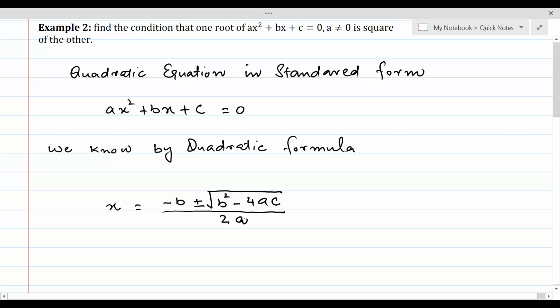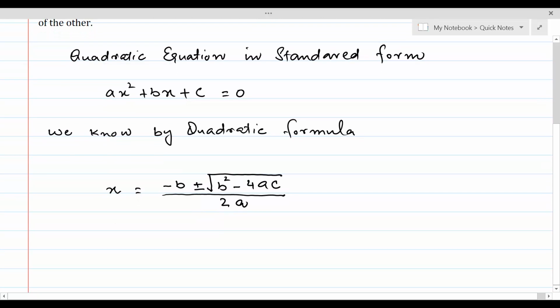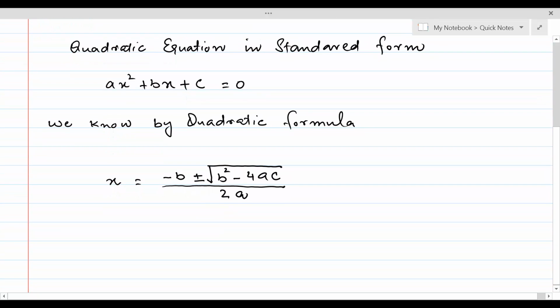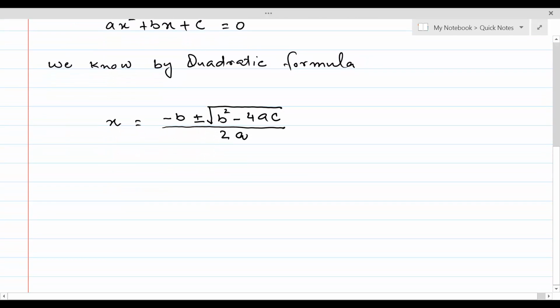It means that these are two values of x which, if replaced by x in the equation, will satisfy the given quadratic equation.